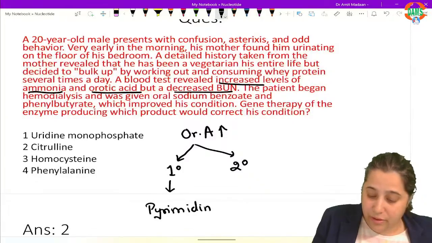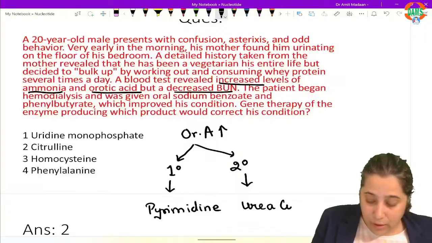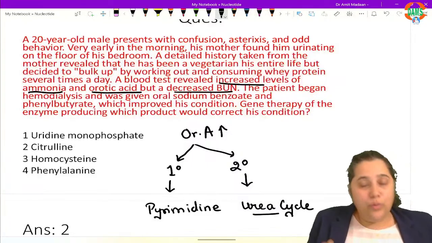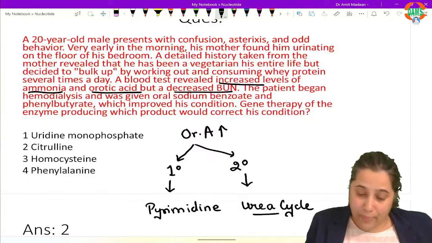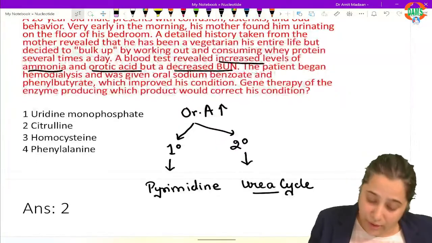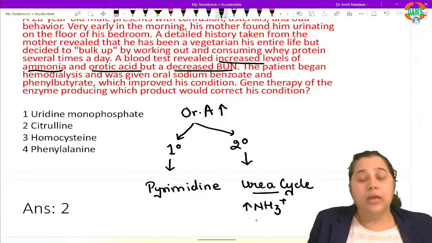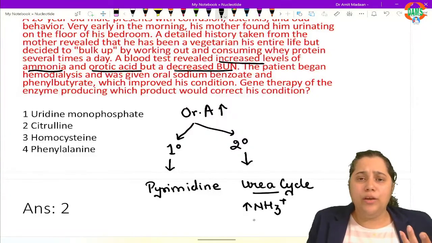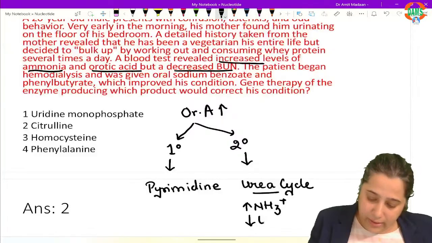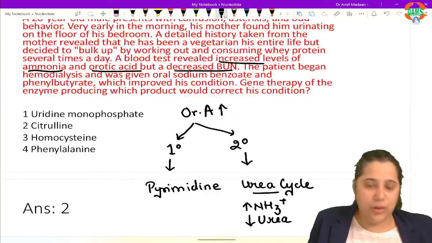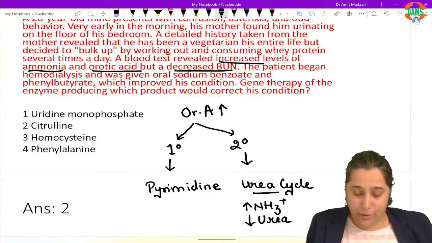Secondary orotic aciduria is a defect of urea cycle disorder. So if there is a urea cycle disorder, what will happen to the level of ammonia? High ammonia. What will happen to the level of urea? No urea is formed, so there will be less BUN. So there is less blood urea nitrogen.